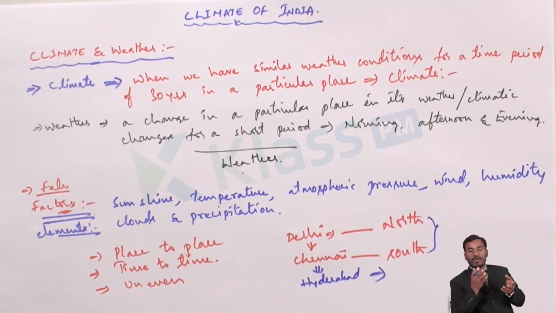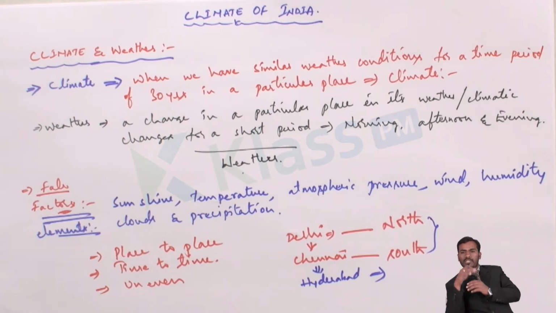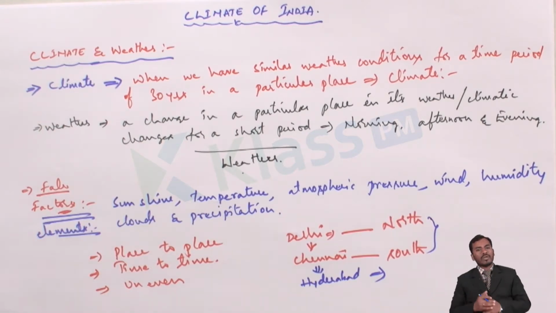Hyderabad lies neither extremely north nor extremely south. Generally we call it South India, but it is not in the extreme south. So the climatic condition varies from place to place and area to area.